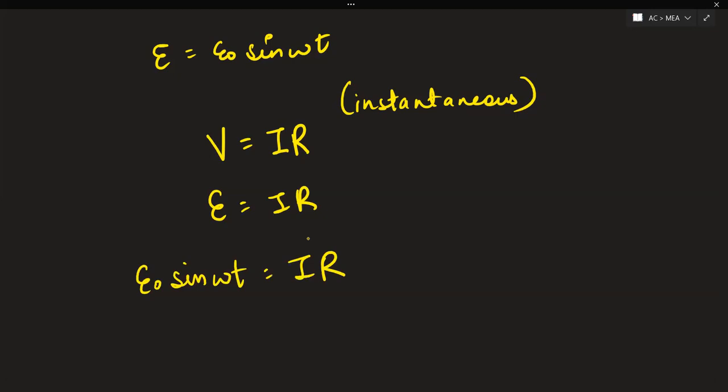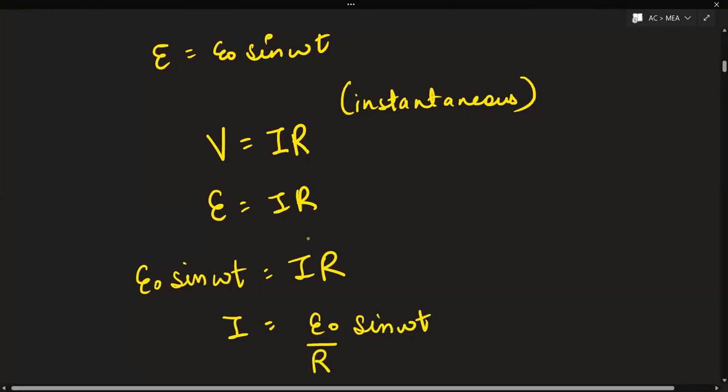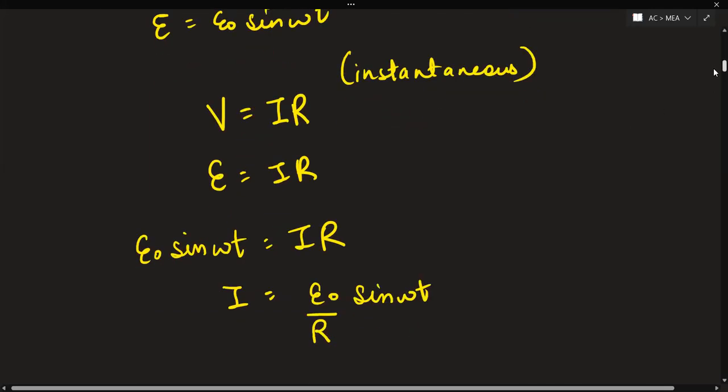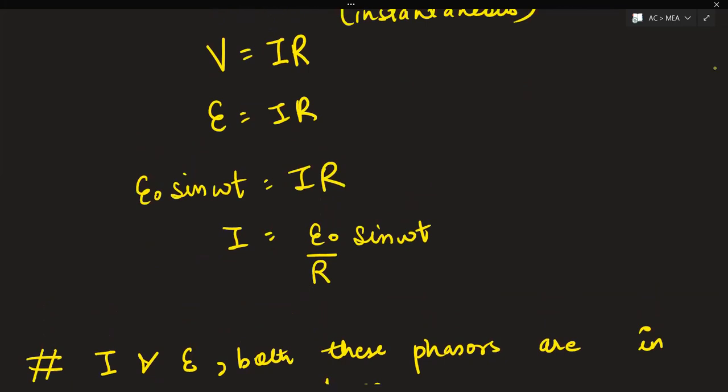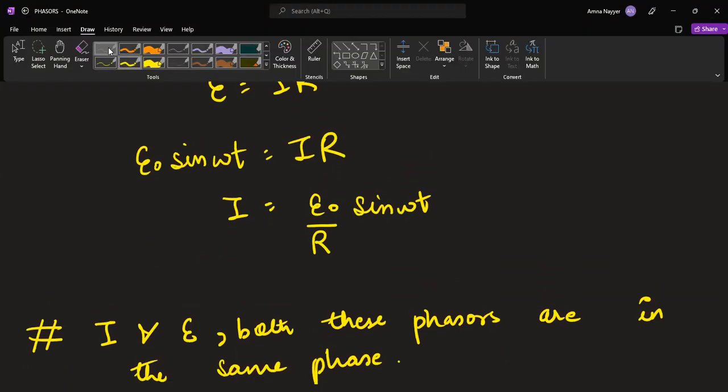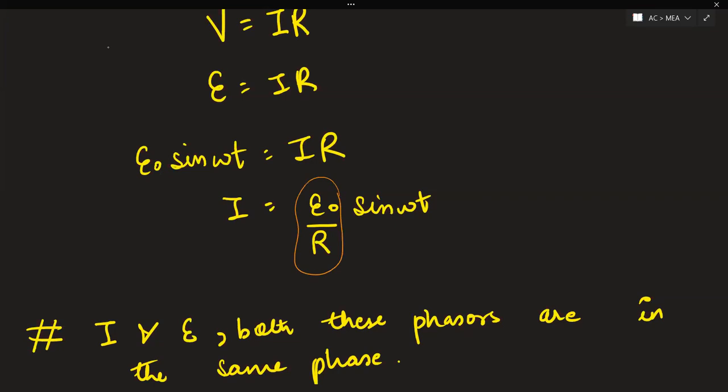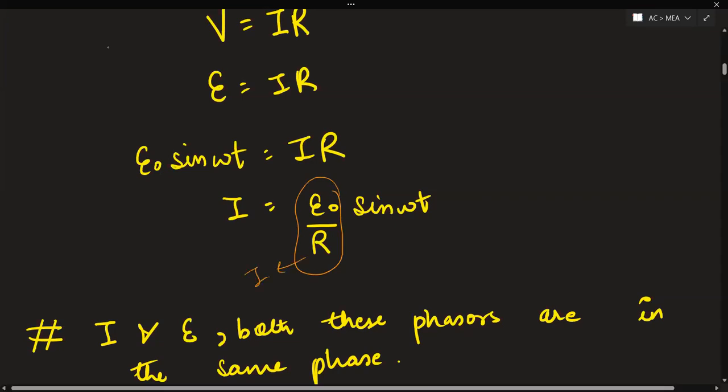So from here, the current will be equal to E naught sine omega t divided by R. Now, E naught divided by R is basically the peak value of current.